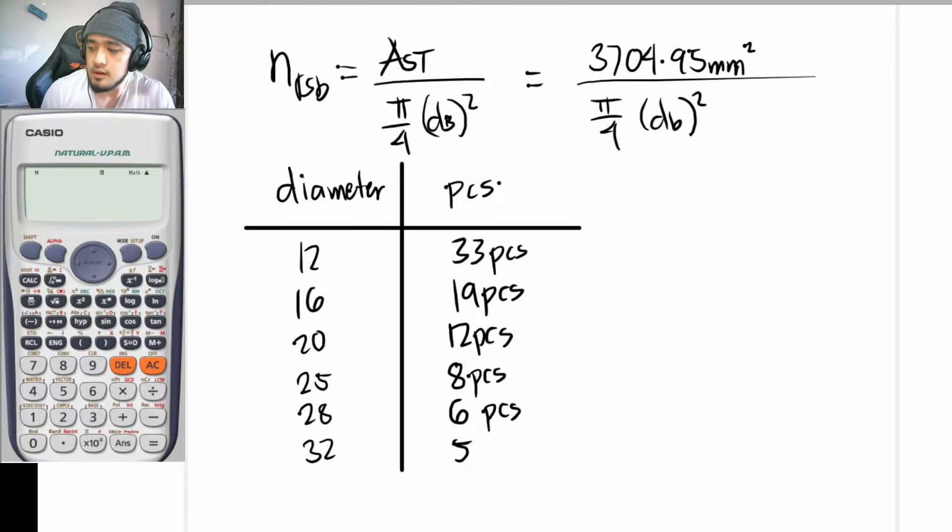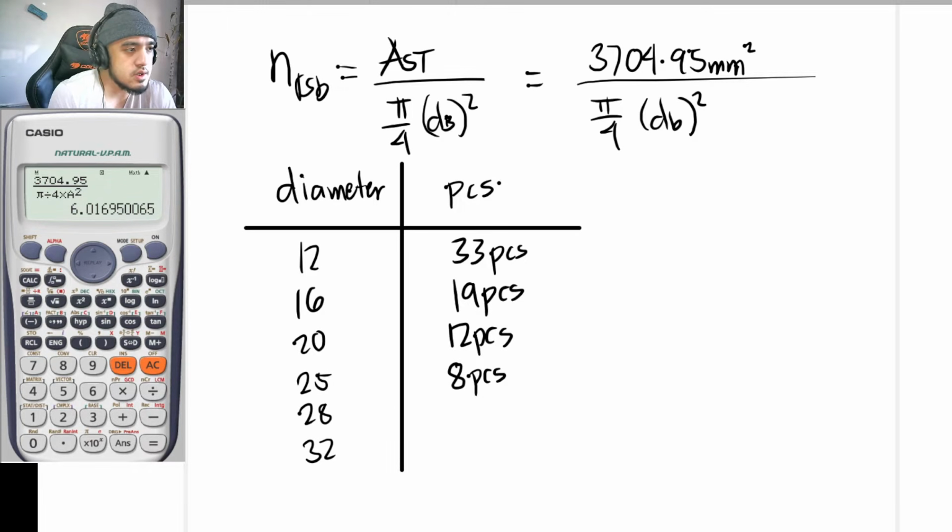So in the example notes that I have provided to you, I have chosen 28 mm there. But take note guys that if you would be making use of 28 mm, oh by the way, wait, so 28, this should be 7 pieces I should say. So this should be 7 pieces.